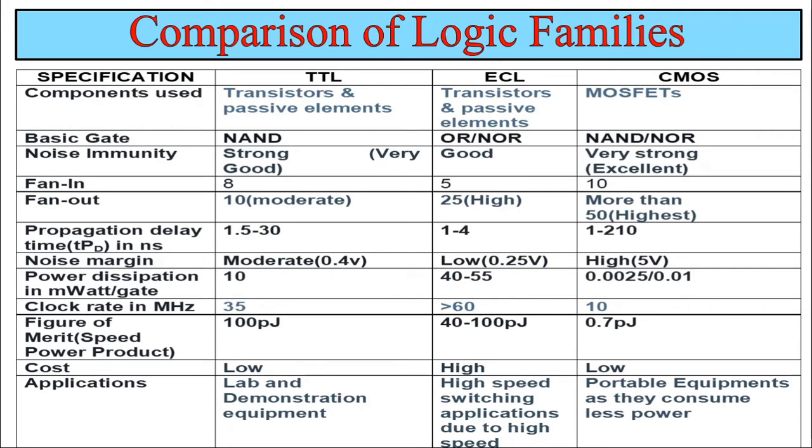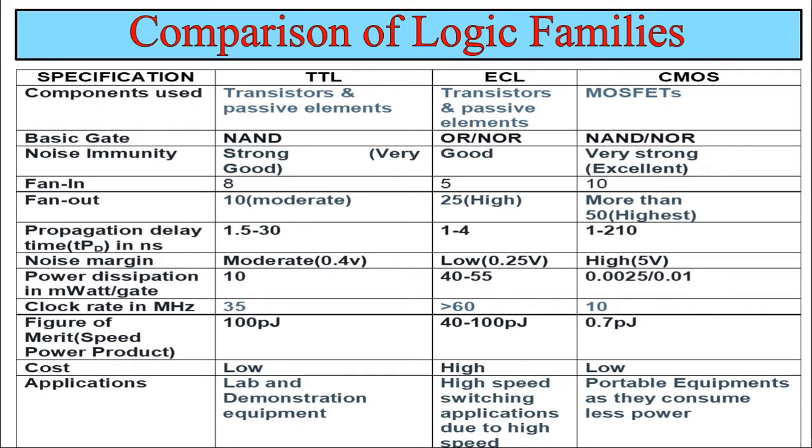Then fan out of TTL family is near about 10, or you can say moderate fan out. Then ECL fan out is very high and it is equal to 25, but in case of CMOS the fan out is highest, that means up to 50, or you can say more than TTL and ECL family.